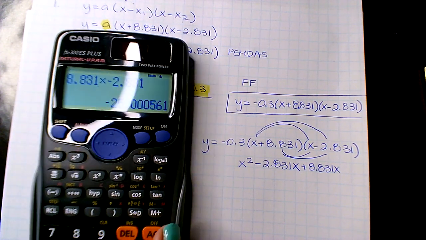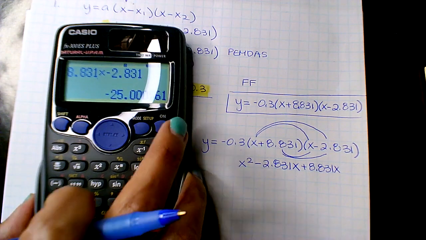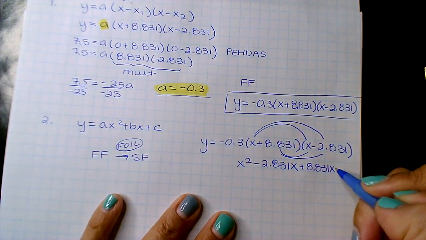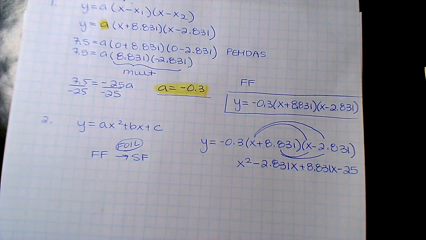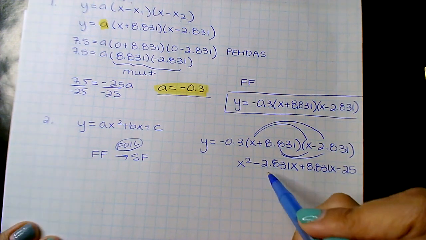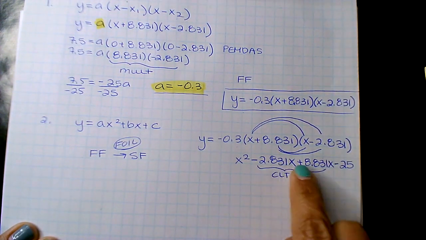And so this product here, which is good because I don't have very much space, is negative 25. Is that okay? The foiling? Yeah? All right. Now we're going to combine our two like terms, the two x terms.